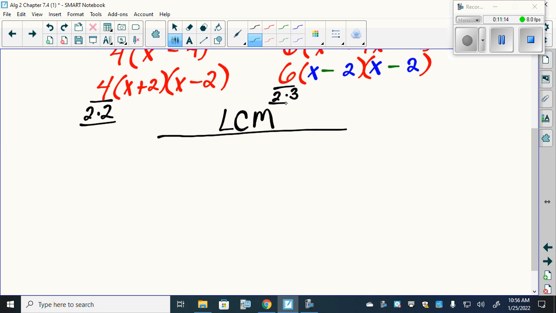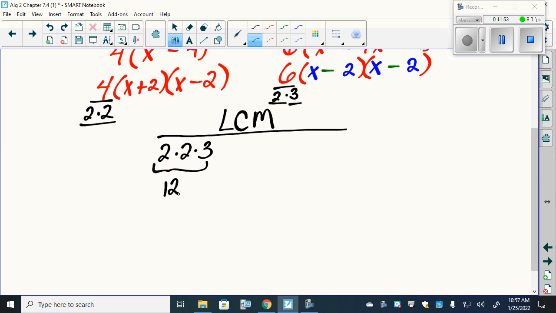So for our least common multiple, we'll need 2 twice. Now the other number is 3. 6 has it once, 4 has it 0, so we will need it once. So really, 2 times 2 is 4 times 3 is 12. So the least common multiple for 4 and 6 is 12.